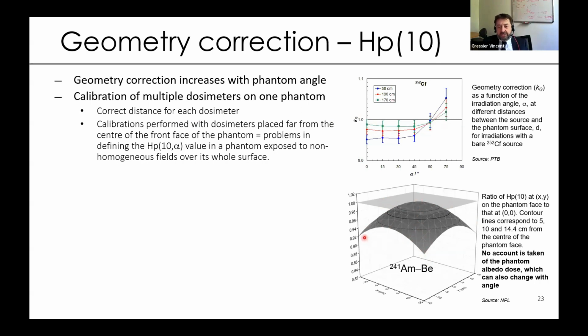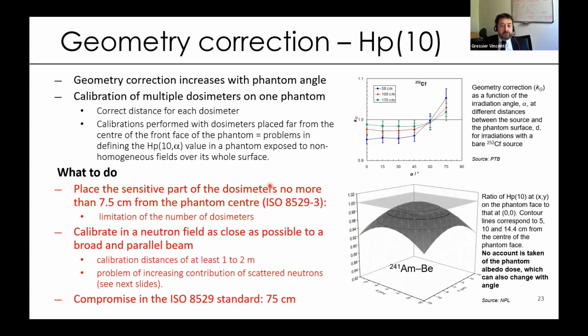Once more, for the americium beryllium here, it can reach several percent of difference. So what to do is to place the sensitive part of your dosimeters no more than 75 centimeters from the phantom center, where you can manage a variation of only a few percent.